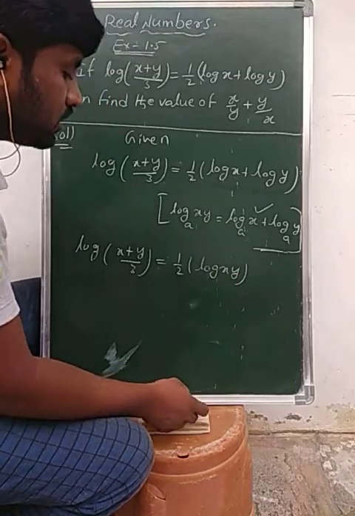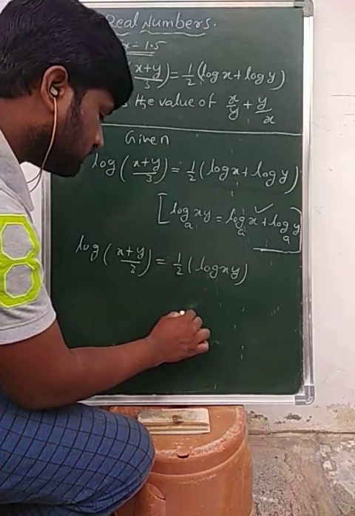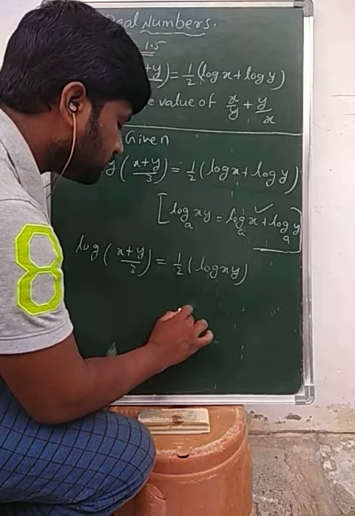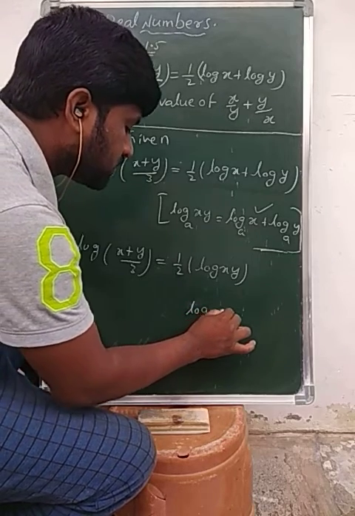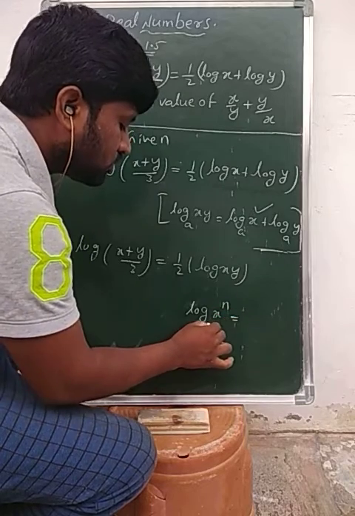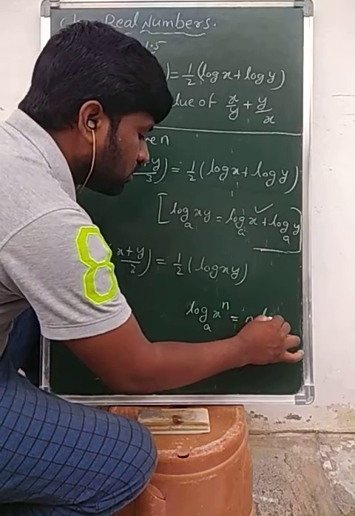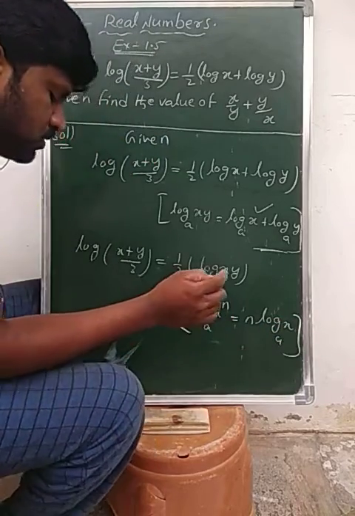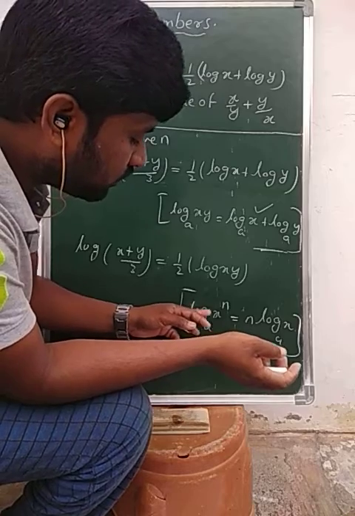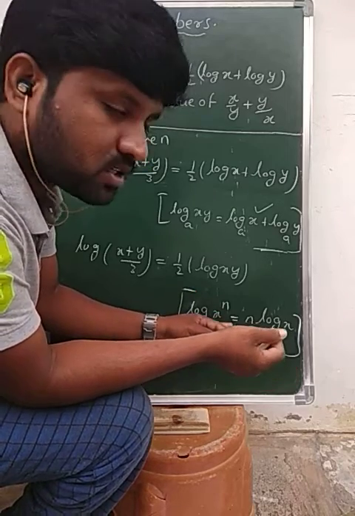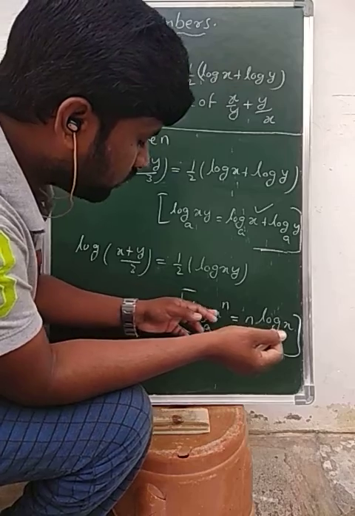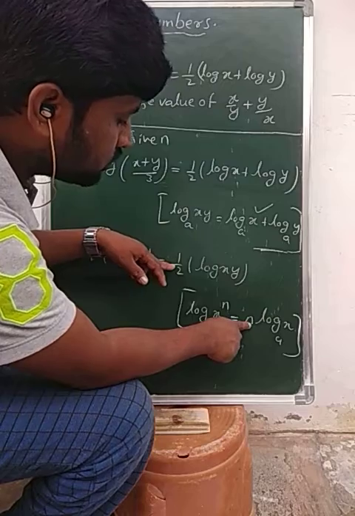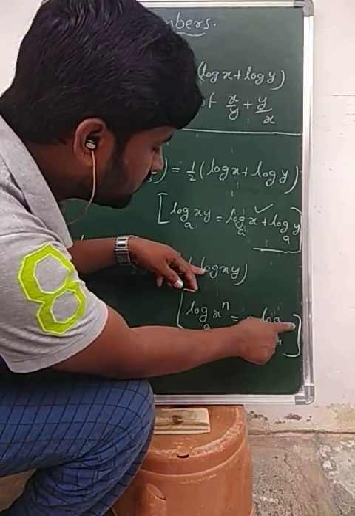Now just observe this one. We have a power rule. Log x power n to the base a is equal to n log x to the base a. Here n means 1/2, and x means xy.